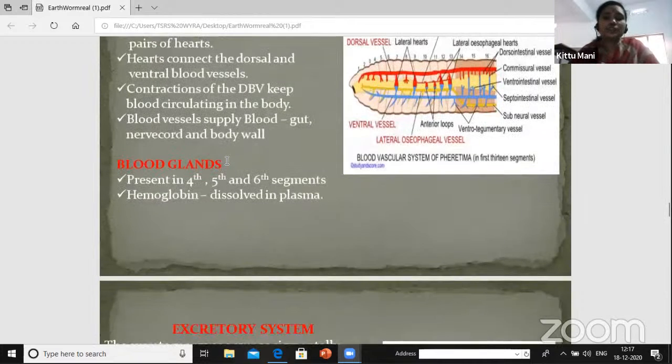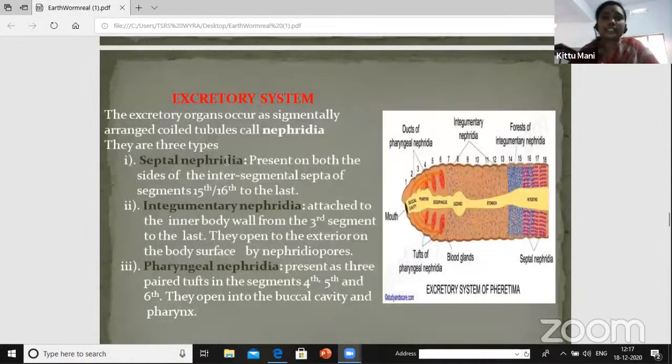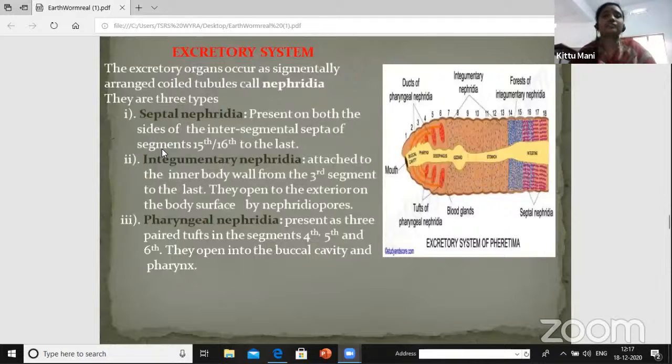Next, we will enter into the excretory system of the earthworm. The excretory organs, the coiled tubules, are nothing but the nephridia. The nephridia is the major excretory organ present in the earthworm.